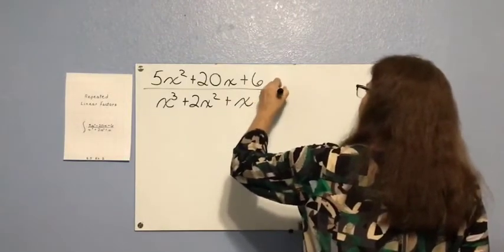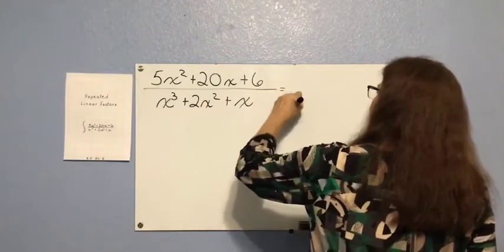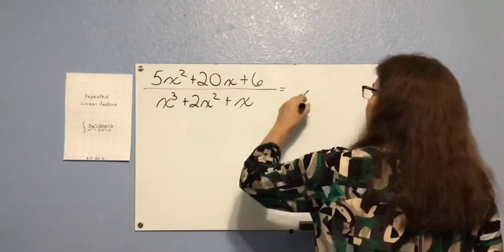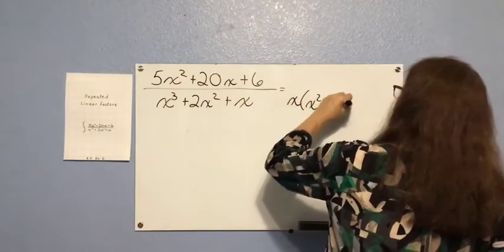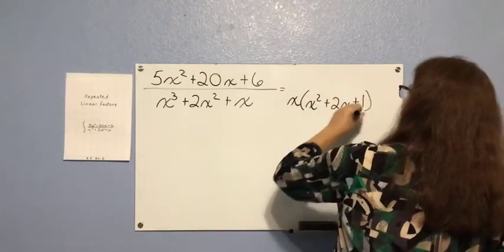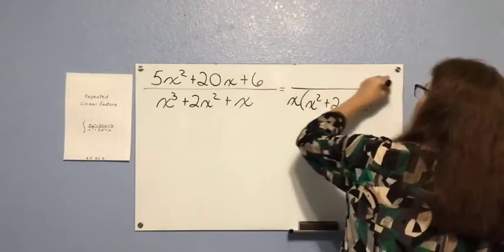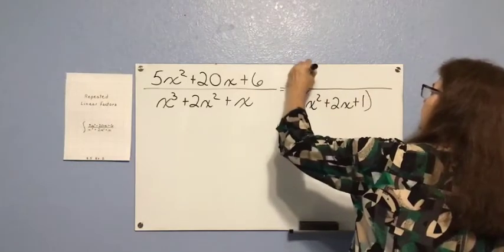So when I factor that denominator, I can factor out an x, and I'm left with x squared plus 2x plus 1. Just rewrite our numerator up here.